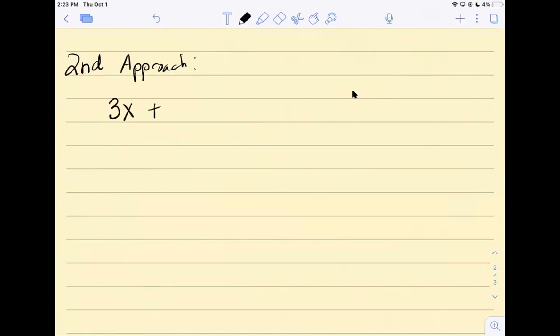3x plus 4y equals 18, and the second equation is 17.